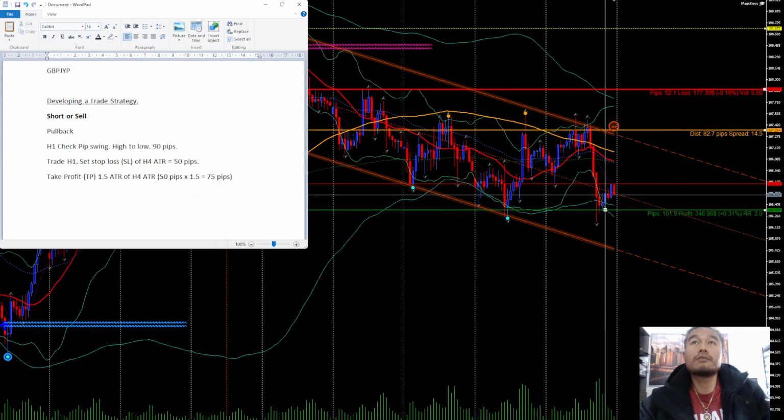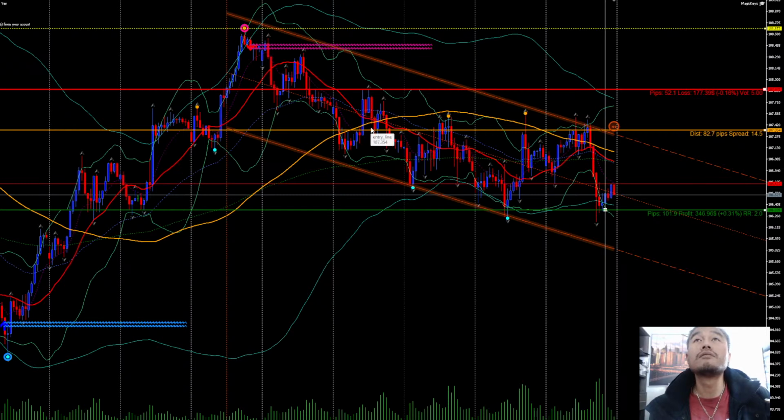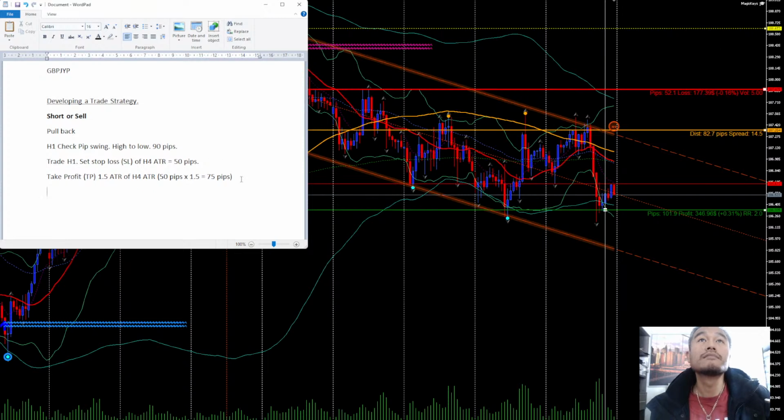So what are we going to do? We're going to be doing, I don't know, pullback. I'll put it as 2 words. Open trade near 50 EMA.